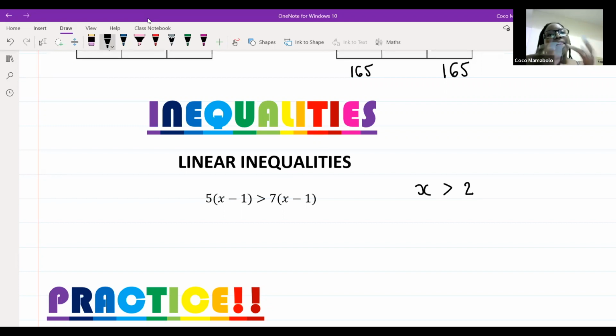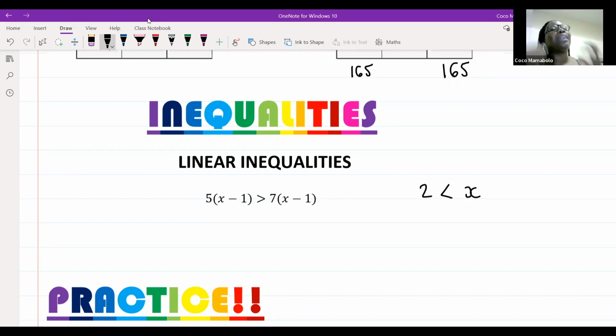I know I've written it in the wrong order. I should probably write it the other way around, actually. If x is greater than 2, okay, Braden, that open mouth means greater than or lesser than. If x is greater than 2, guys, what is my answer for x?